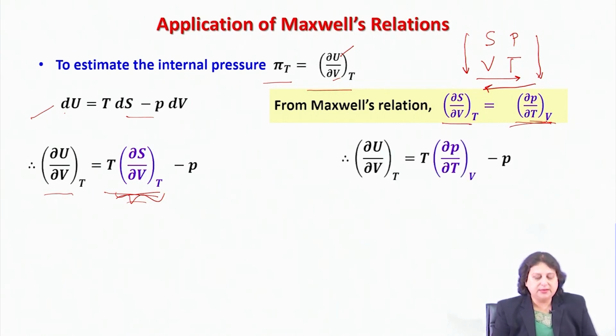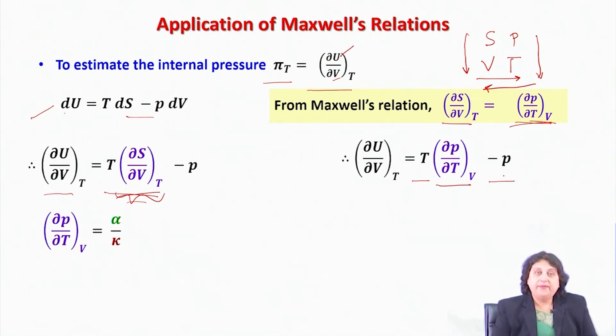So, if I now write down the expression of (∂U/∂V)_T, this now turns out to be T into (∂P/∂T)_V using Maxwell's relation, minus P as before.